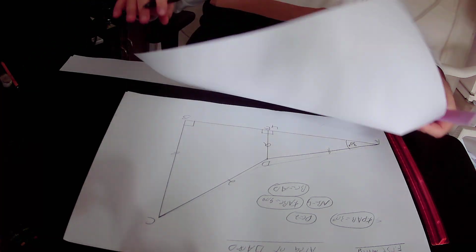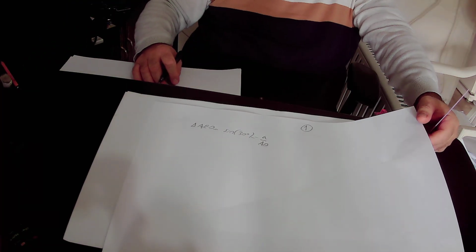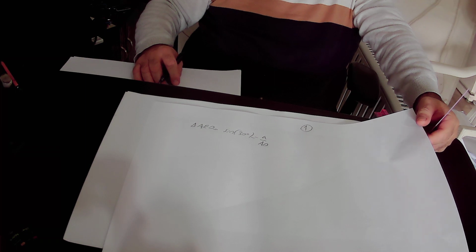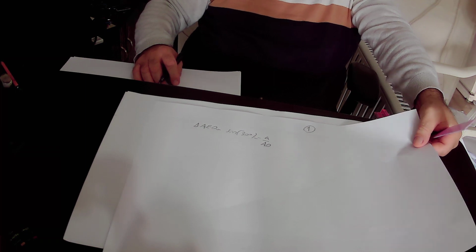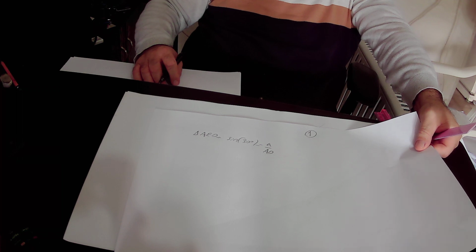I'll repeat again. In the right triangle ADE, sine 30 degrees equals A over AD.